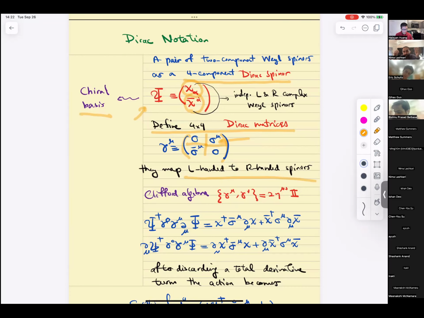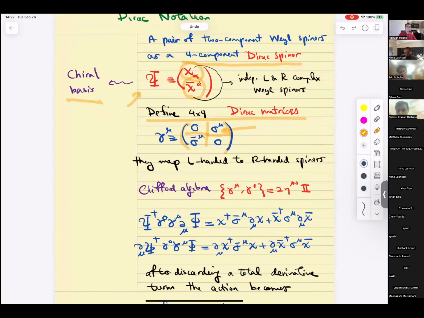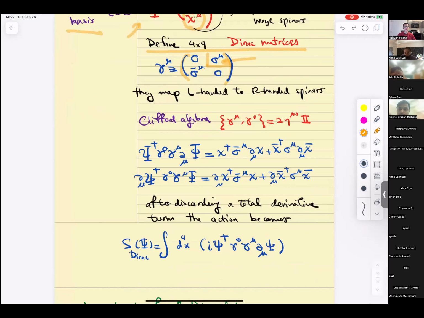So these features are dimension dependent. This phenomenon that we saw works out in 3+1 dimensions. It has to do with representation theory. Good. Yeah. All right.